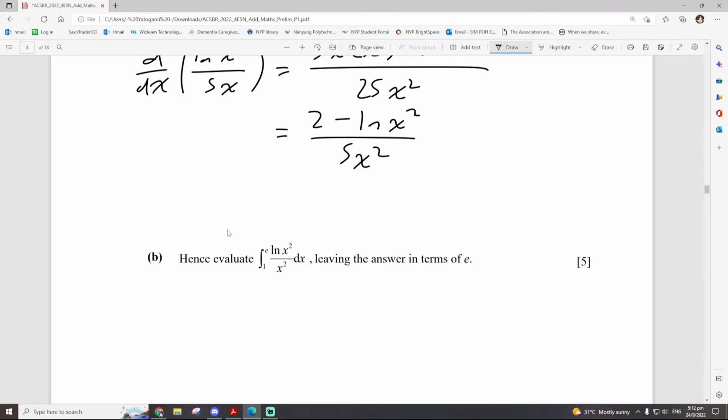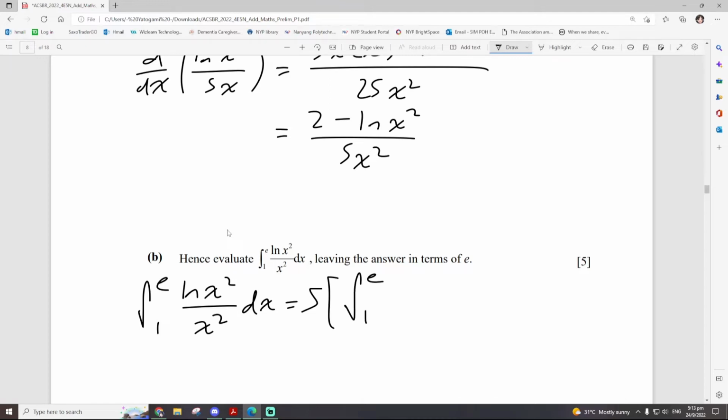So let's write integral 1 to e ln x squared divided by x squared dx. Alright, now here's what I'm going to do. I'm actually going to write 5 times on the outside, and you'll see why. I'm going to write this as the integral of 1 to e of minus of this actually, 2 minus ln x squared divided by 5x squared dx.